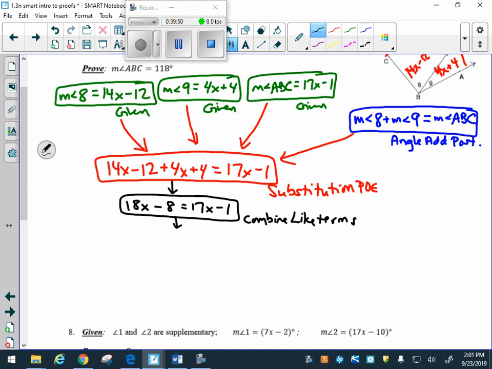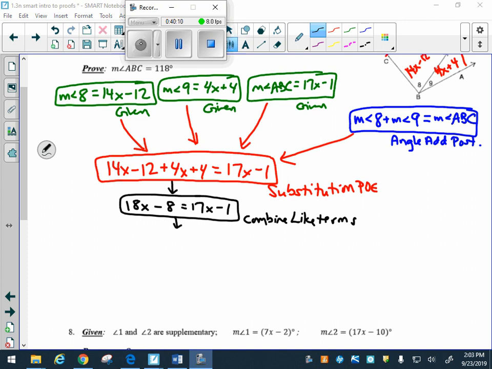Now, you might do this in a different order than the person next to you. It's okay. What would you do next? I would subtract. Robbie, what do you think? I would add 8. Okay, so we can't do both of those things at once because one is adding and one is subtracting.